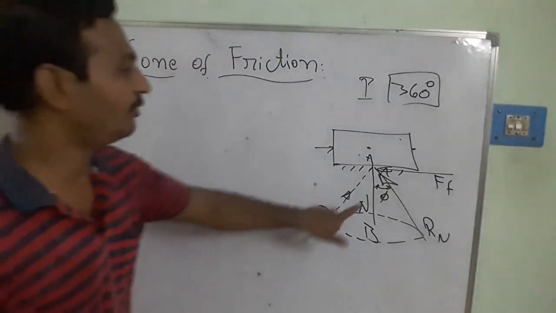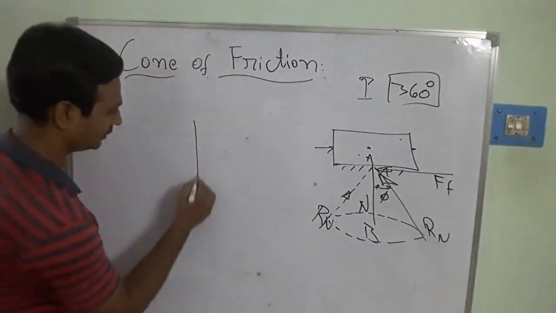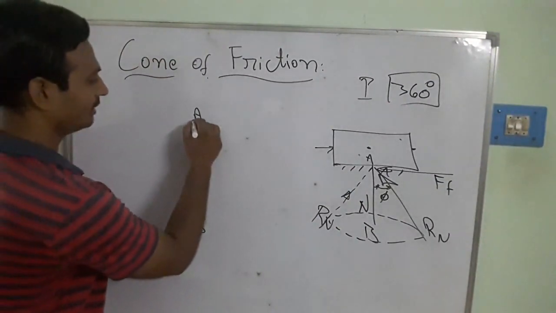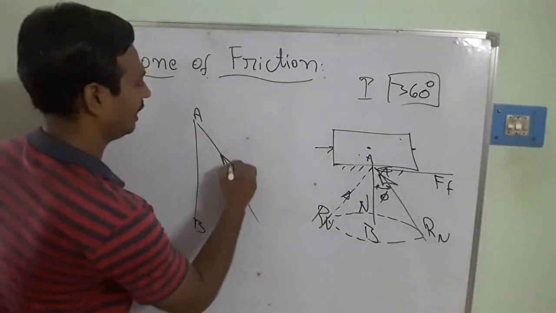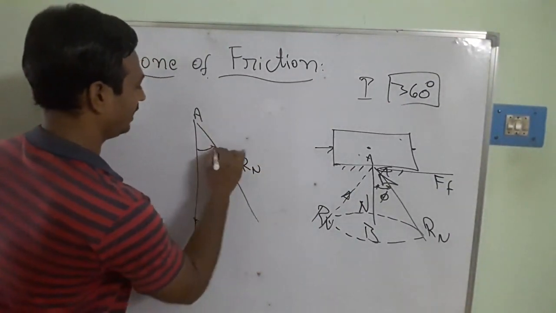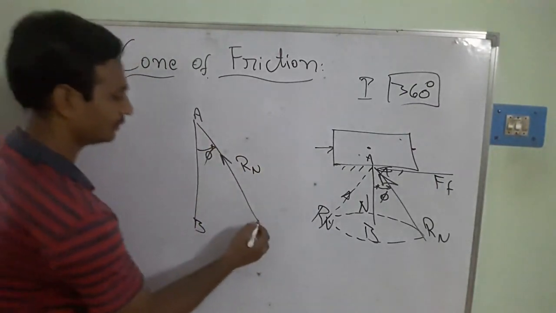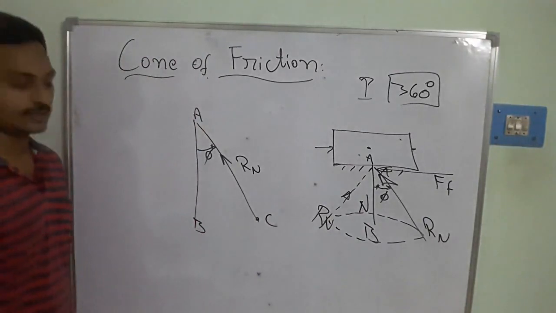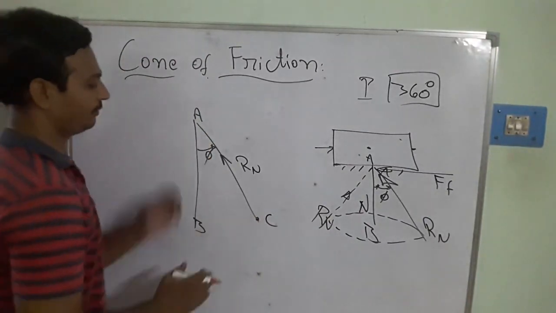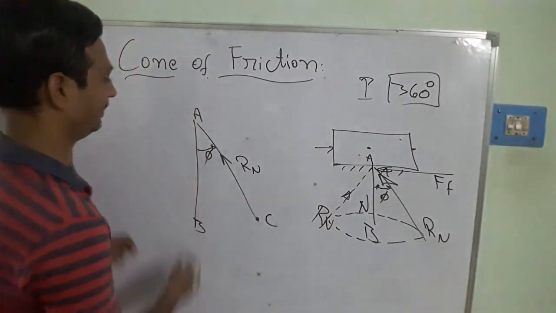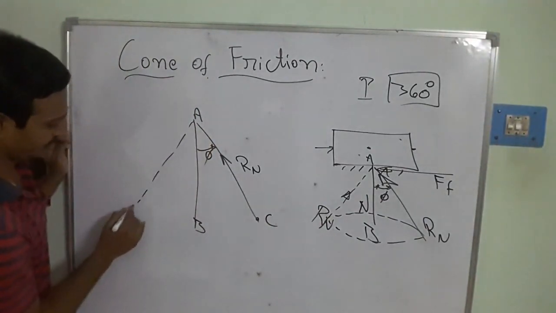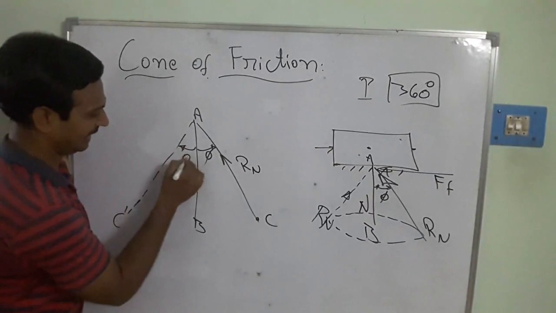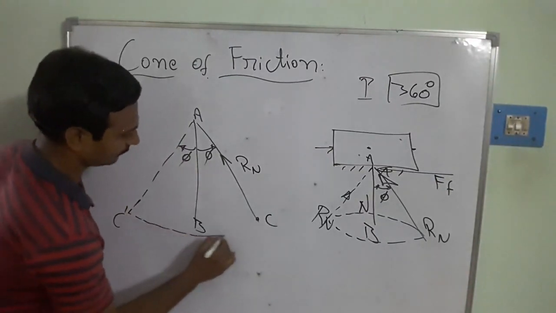I am trying to simplify this. I take here A, and this is B, and this is your R, which makes an angle of phi. So this is your ABC. I make it rotate about the same axis. Then I call this C dash, and this also makes an angle of phi.